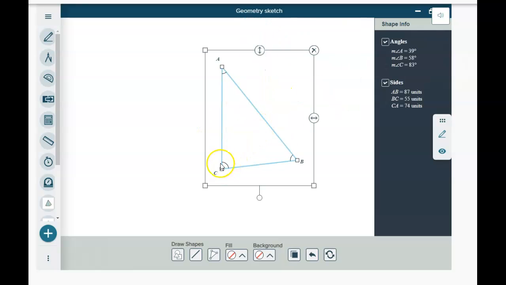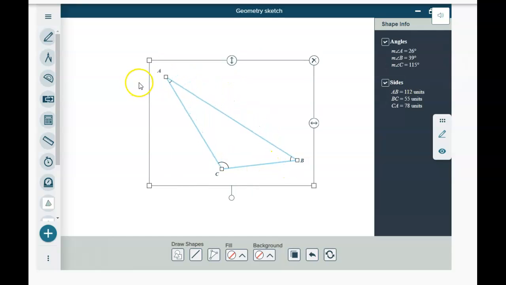And then if I have one angle that is greater than 90 degrees, that is going to make this an obtuse triangle. So this is an obtuse triangle because I have one angle that is greater than 90 degrees.